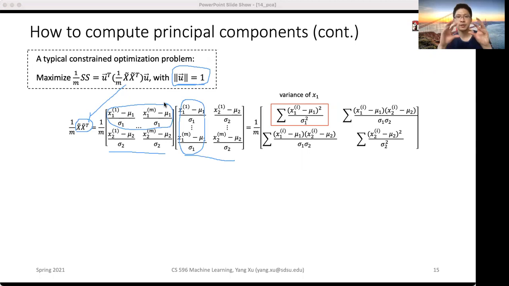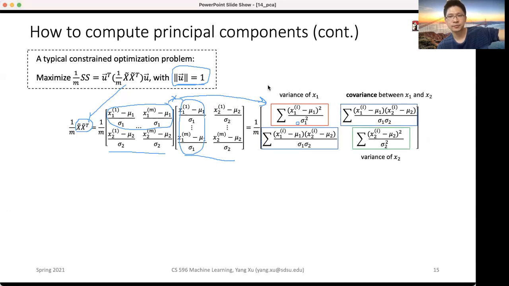By the rule of matrix multiplication, we need to compute the dot product between these two parts, which results in this quantity, which is just the summation of the variance of x1. So that is the meaning of these different terms.